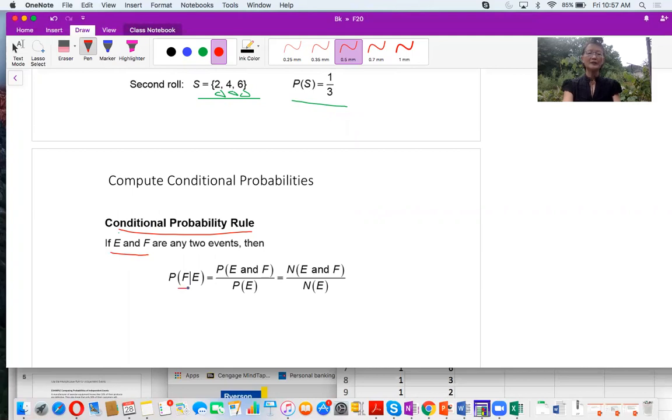The probability of F under the condition of E equals the probability of E and F divided by the probability of E. And the probability of E and F is just the occurrence of E and F over the occurrence of E. So most often we just use this part here.